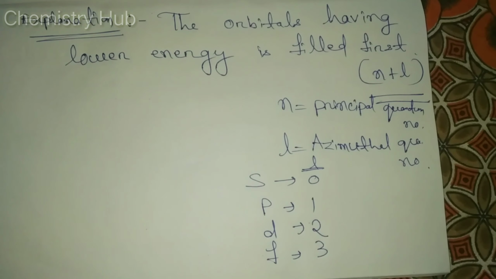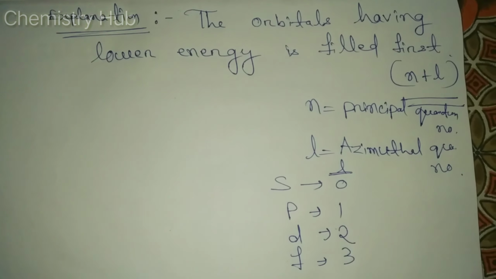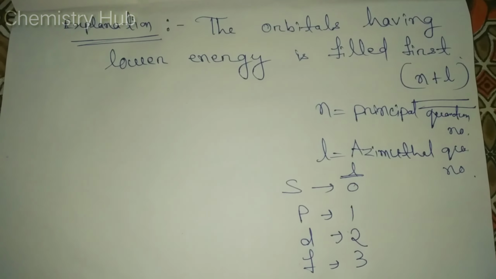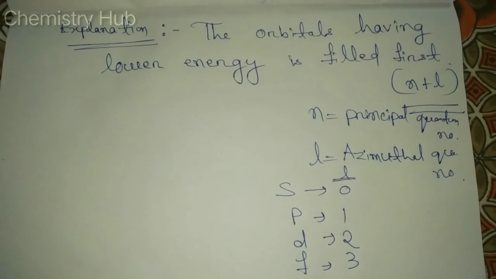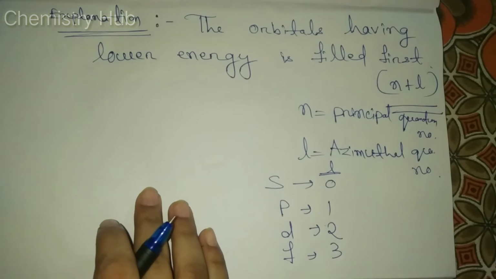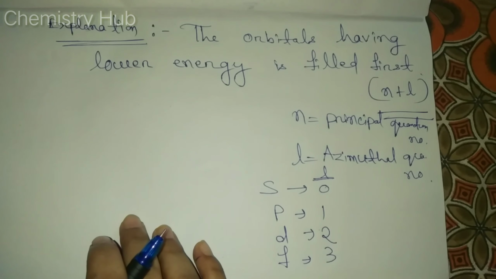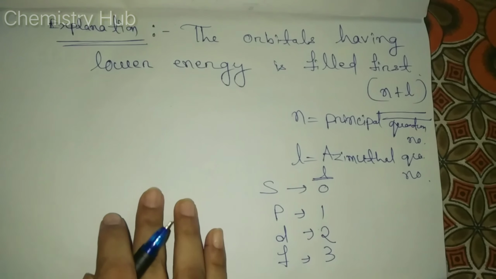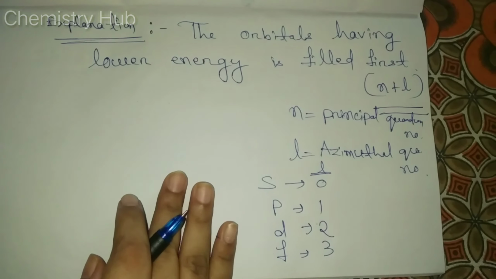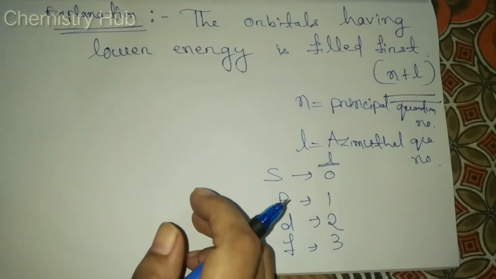So, by using the n plus l rule, you can easily define which orbitals have lower energy and which orbitals have higher energy. Here we got to know that between two subshells, the subshell having the lower value of n plus l possesses lower energy and it is filled first.